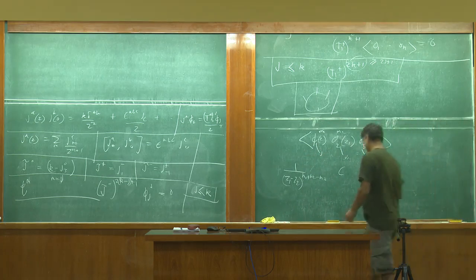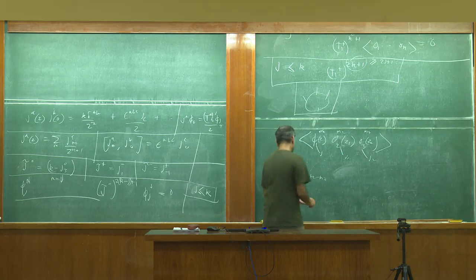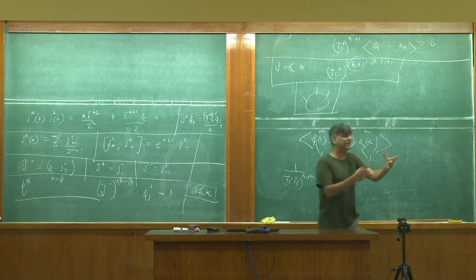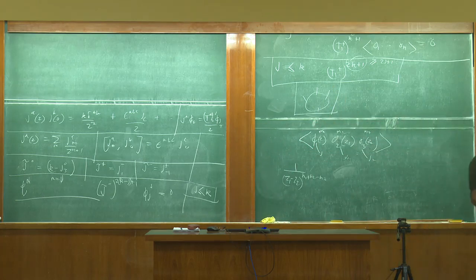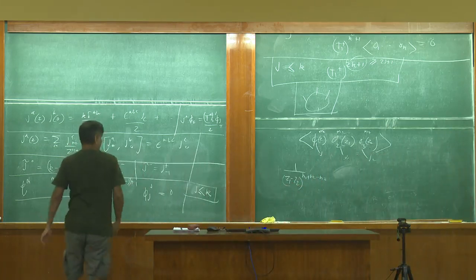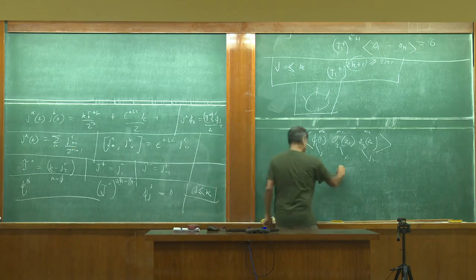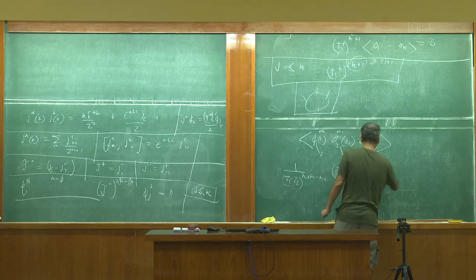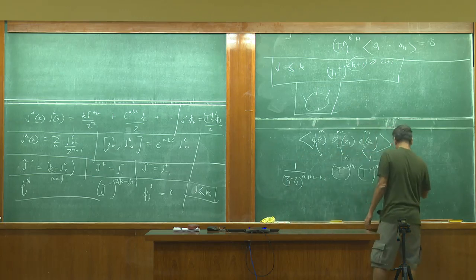Now, with various sprinklings of powers of z1 minus z2 and z1 minus z3, what we get is t plus to the power m1, t plus to the power m2 acting on this C m1, m2, m3.